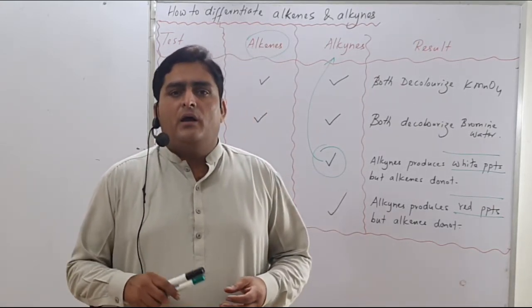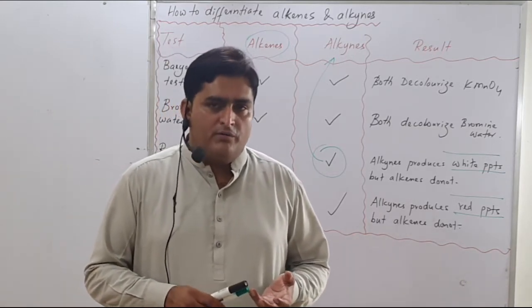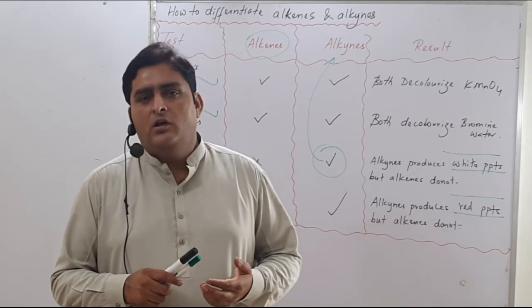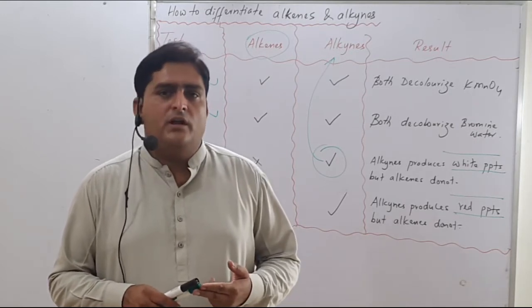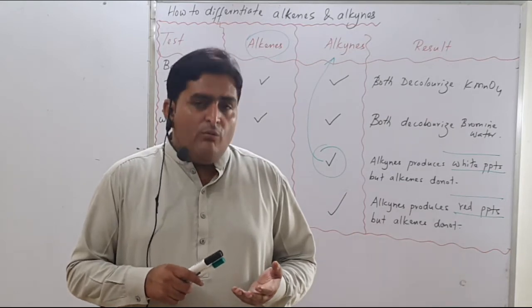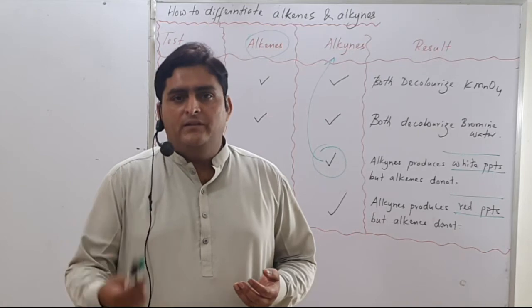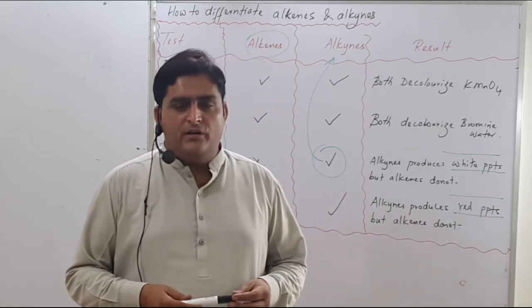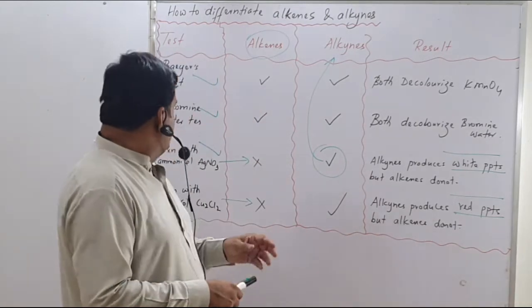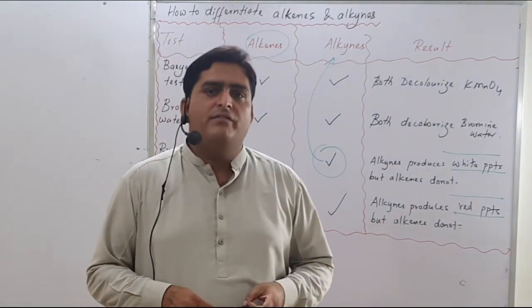Unsaturated hydrocarbons such as alkenes and alkynes decolorize bromine water, they decolorize Baeyer's reagent, 1% alkaline KMnO4, while alkanes and aromatic compounds do not. In both these tests, bromine water test and Baeyer's test, alkenes and alkynes are identified.